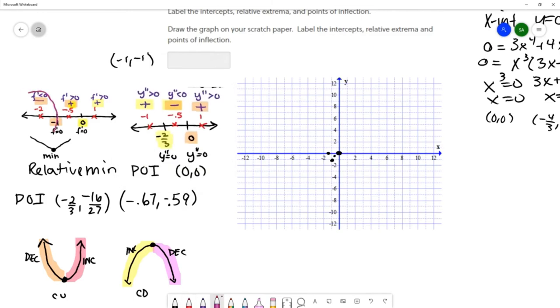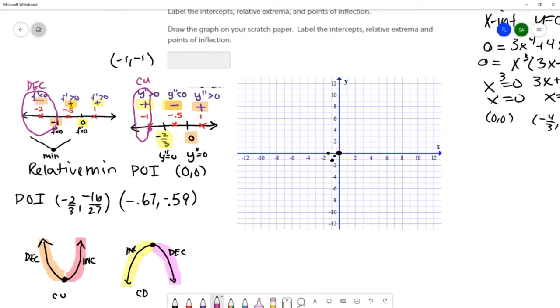On this interval, and -1 would be right here on this chart, what I see is that the function is decreasing. I'm looking at the first derivative chart and it is decreasing, and the second derivative chart is concave up.